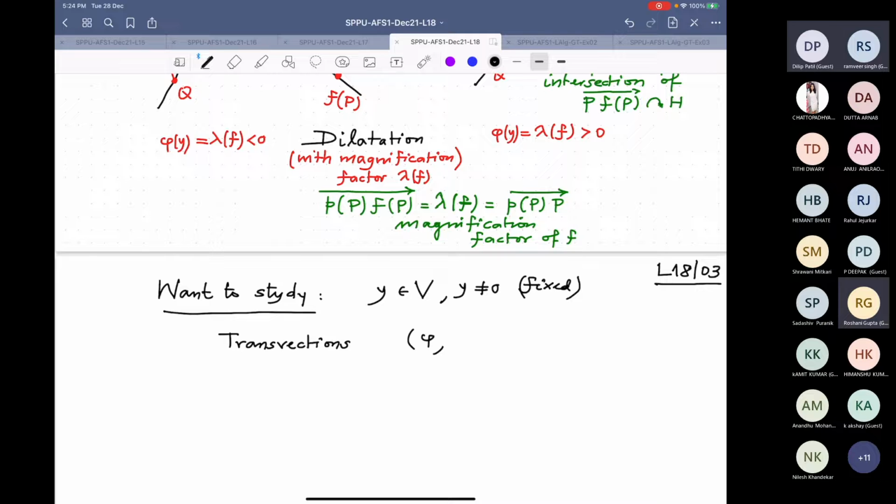Phi and Y, where phi is a linear form and phi is non-zero, and all such things. And this depends on Y. Y is fixed. And here also we know that because of transvections, this notation says phi of Y is 0. And this I want to write as Ty.